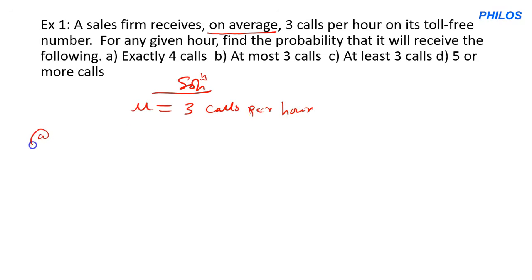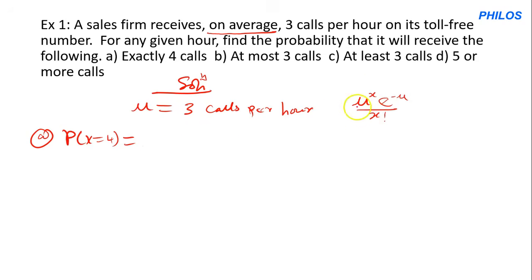Now for question A. Question A says we should find the probability that it will receive exactly 4 calls. So the probability that x is exactly 4 should be equal to, now the formula says mu exponent x, e exponent negative mu divided by x factorial, isn't it? So we use the formula.